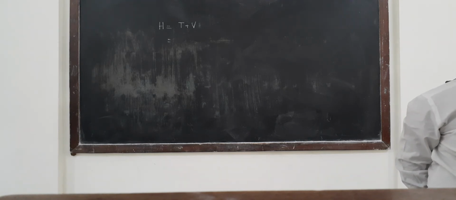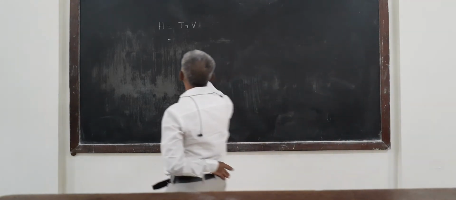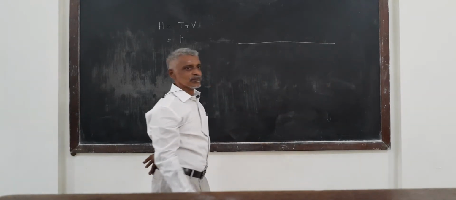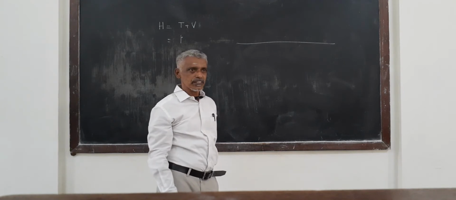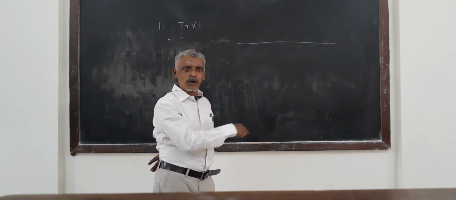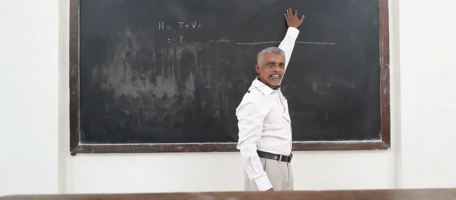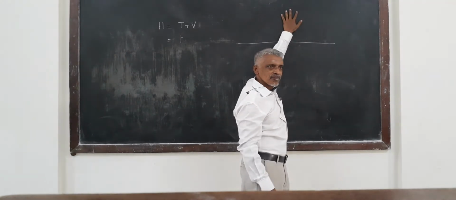T is equal to... again you put one straight line. We are still down. Yesterday also I said, right? You are right but still down. You are right here. I want you to get right here.